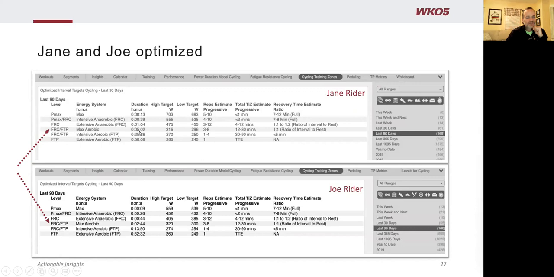So Jane needs 5 minutes between 316 and 296. Joe needs 2 minutes and 44 seconds between 320 and 300. I know those are backwards. So we see now a significant difference in the targeting of what it would take to improve their power at VO2 max, right?